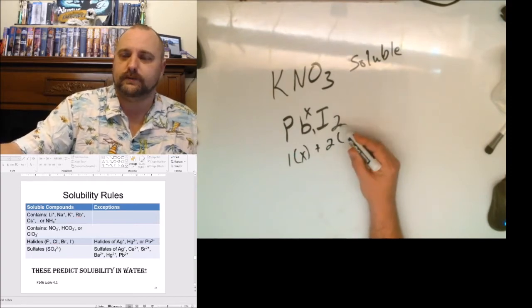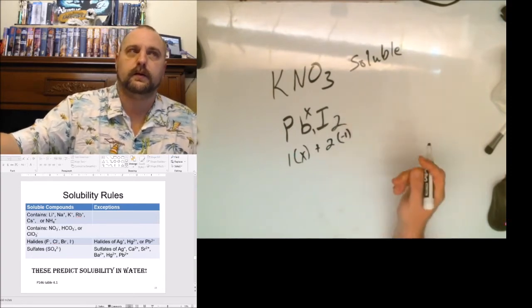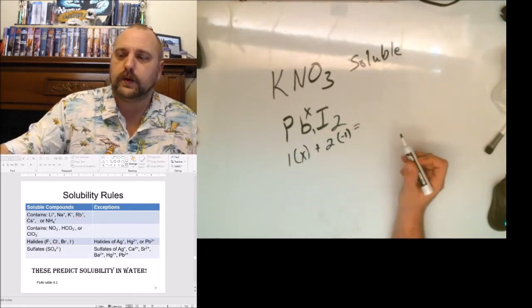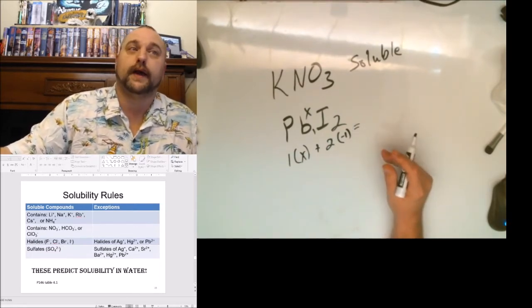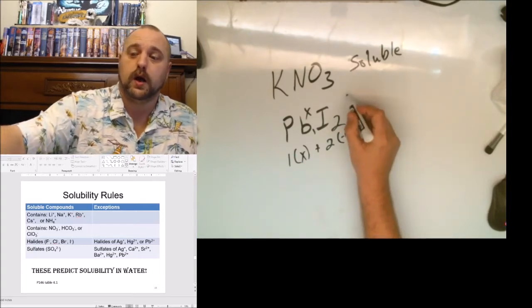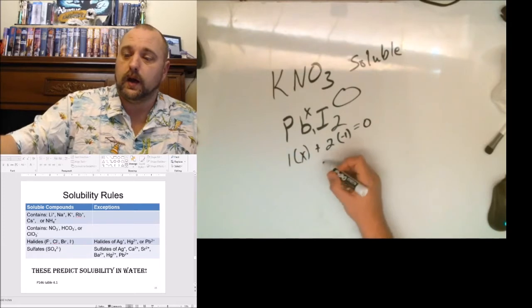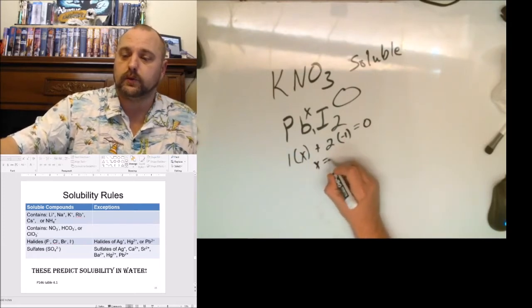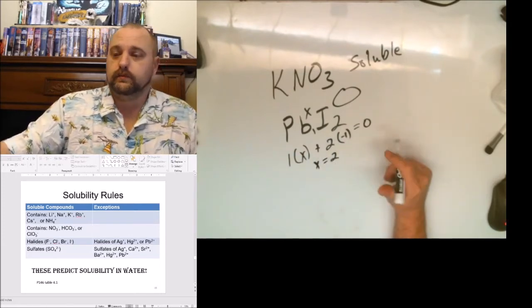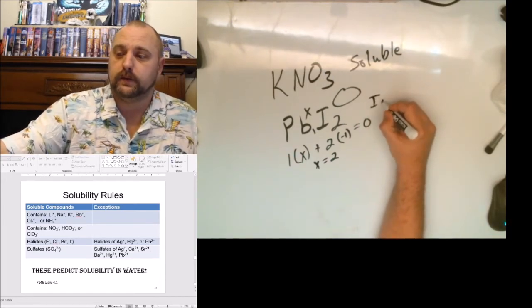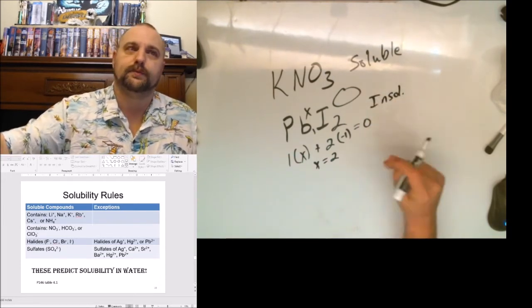Iodine, group 17, so it would be a -1. And the total charge, remember the total charge has to be given if there is one. There's not one, so this is 0. So some quick algebra. This is in fact lead 2, and so this lead 2 is insoluble.